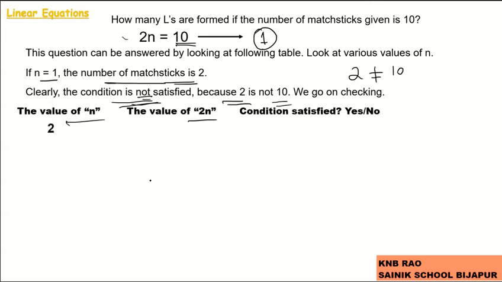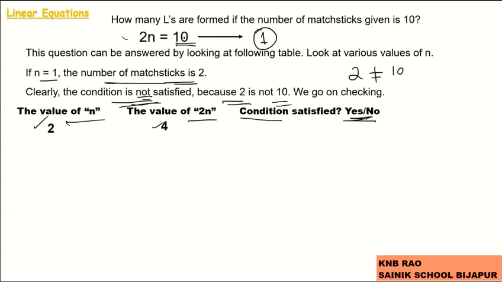Suppose n equals 2, then 2n is equal to 4, and what would we say for the condition, is it yes or no?